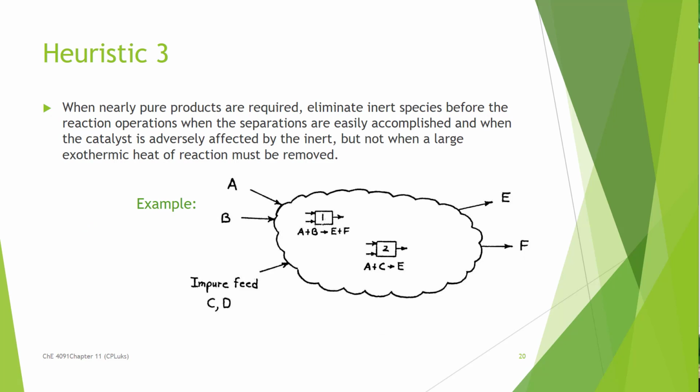Heuristic 3: when nearly pure products are required, you want to eliminate the inert species before the reaction operations if you can, unless the catalyst is going to be adversely affected. But you don't want to remove these if a large exothermic heat of reaction needs to be removed, because these can help ameliorate those thermal effects.